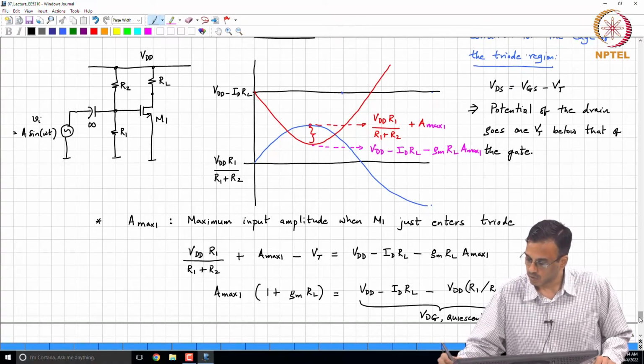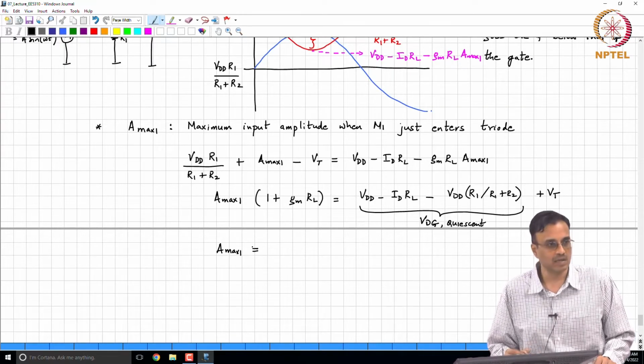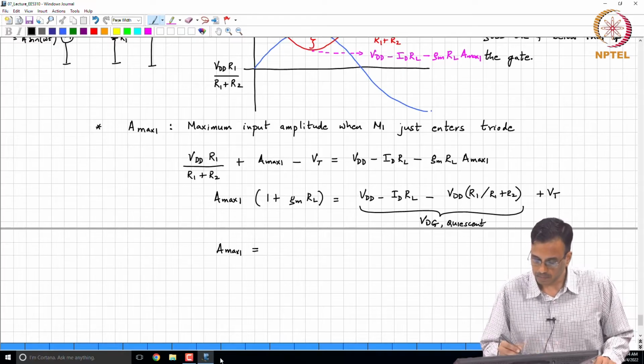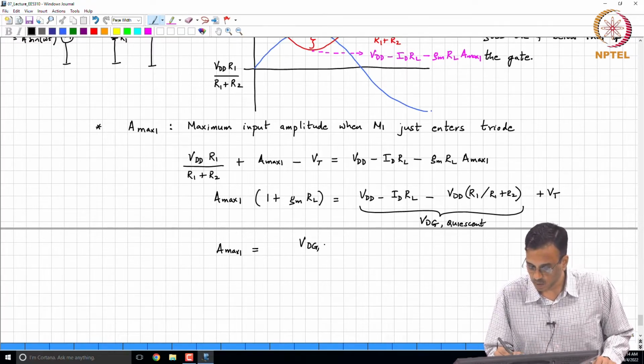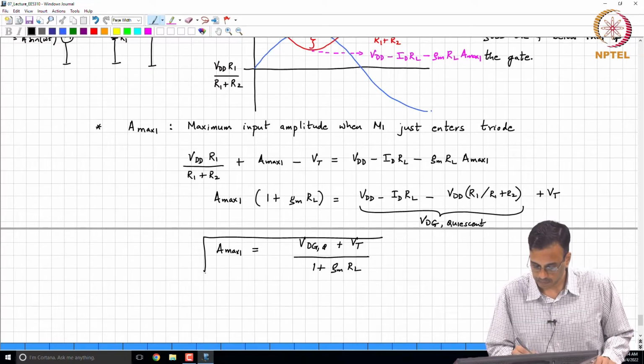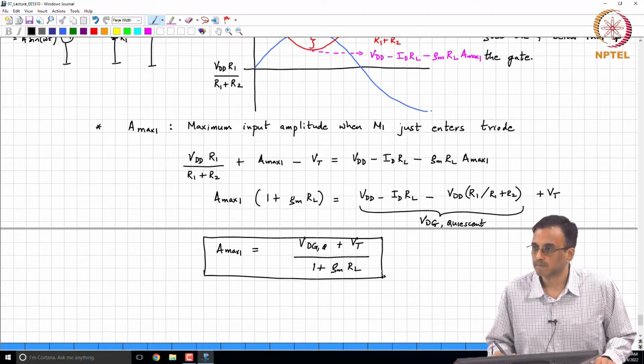Therefore, A max 1, which is the maximum sinusoidal voltage you can apply before the transistor goes into the triode region, is given by VDG quiescent plus Vt by 1 plus GM RL. Does it make sense, people?